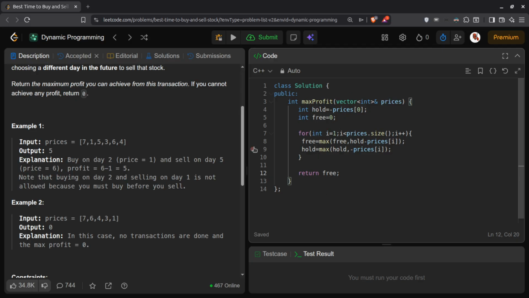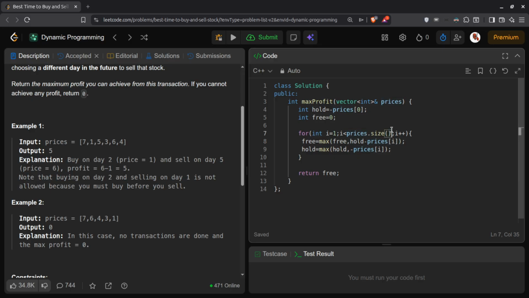So what we are doing over here, inside the for loop, is we iterate till the last index of the prices array. Free is equal to max, meaning the max value between free, where we didn't buy any stock, and hold plus prices.